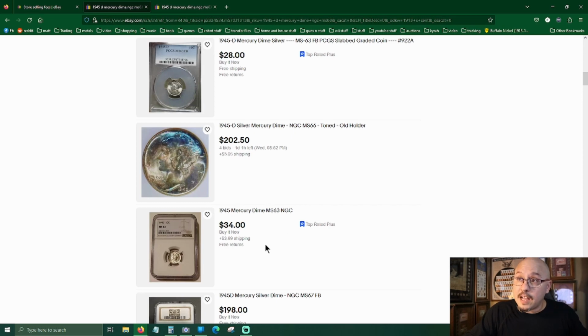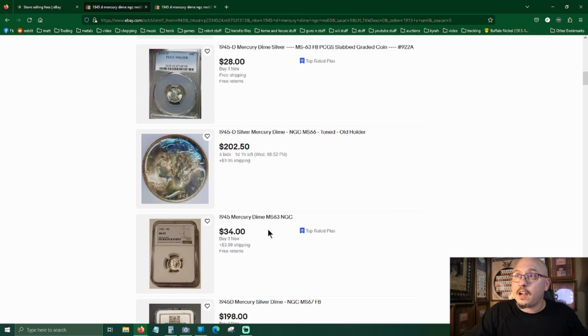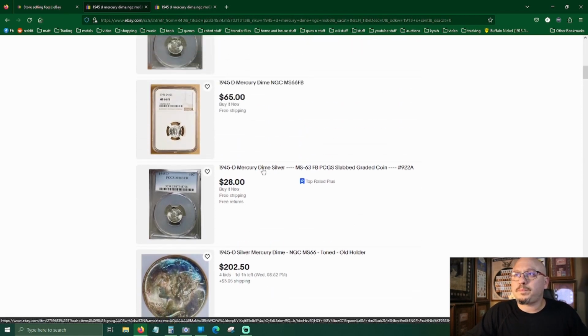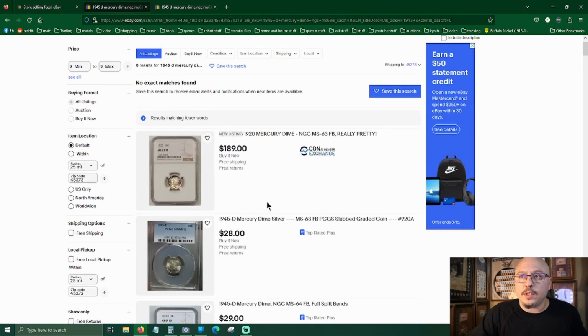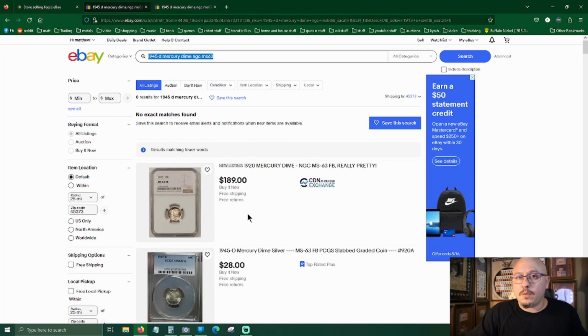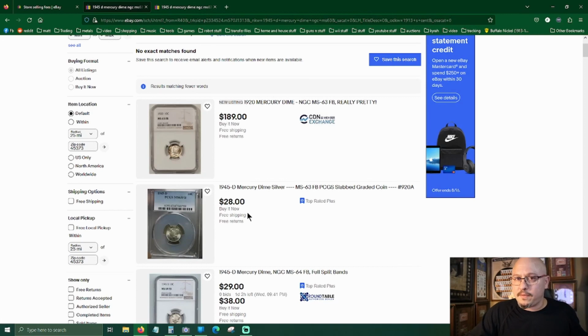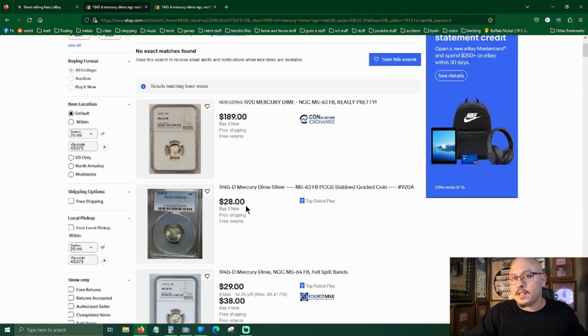So they're going to have a tough time selling this dime because it's a little on the higher price range. But a lot of these have full bands, and so they're kind of a step higher in terms of grade, but there is no shortage right now of 1945D Merc dimes. So even if we have a compelling price, we're still fighting all of these other listings for sales. So that's going to make it harder.